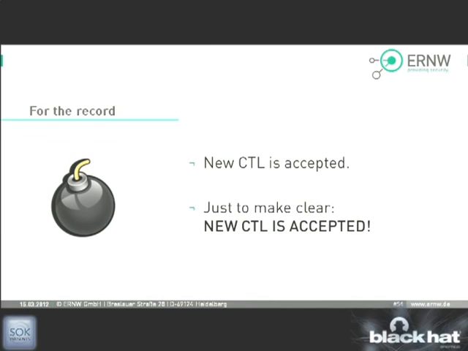So just to make this clear, the new CTL, which serves as a root of trust, which is supposed to bring all the trustworthy certificates, signed by a certificate on one of those tokens, or, to point it out correctly, with the associated private key, is accepted without further notice.